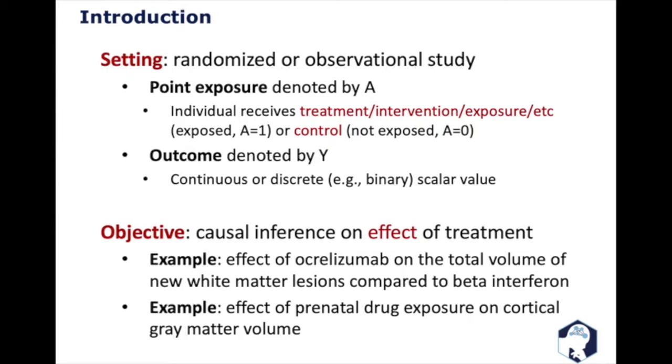In the first example, this would likely be tested using a randomized trial, although we might be doing some sort of secondary analysis using data that is collected in an EHR. The second example, we wouldn't be able to randomize because it would be unethical to randomize pregnant women to take drugs or not.